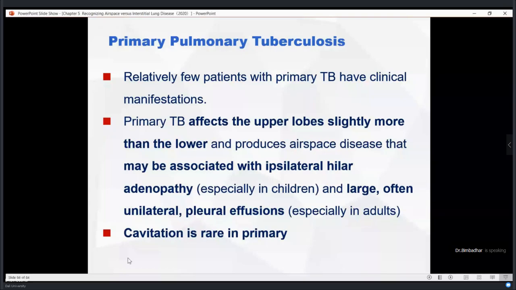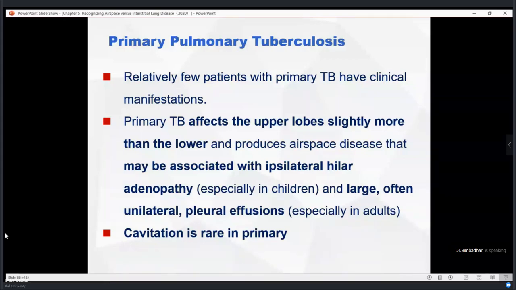And this granulomatous reaction generally happens in the upper lobes. Before, we used to think that tuberculosis mostly happens in the right lobe, but that is not exactly correct. It can be on the left side or the right side. Before, if you saw a Ghon focus, or a granulomatous lesion in the right upper lobe, you called it tuberculosis.